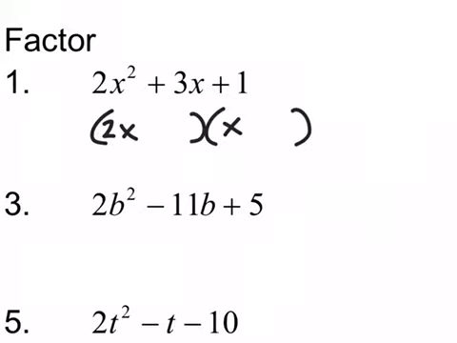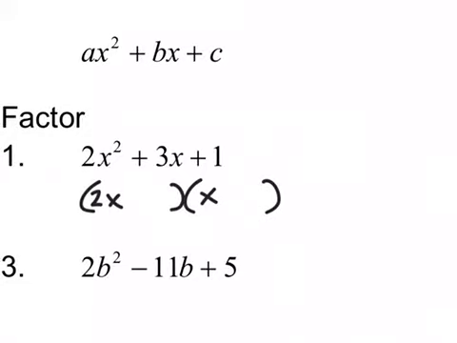Another reason that makes this complicated is because the relationship that used to exist of numbers that multiply together to give me c that add to give me b will no longer be true.